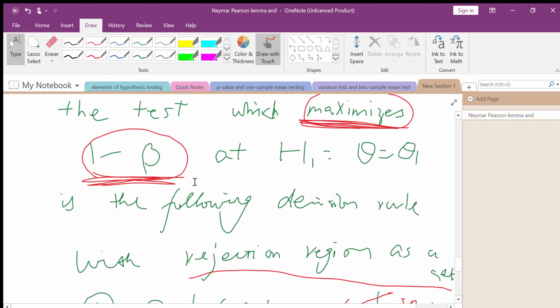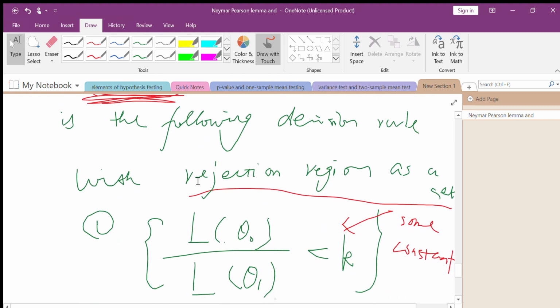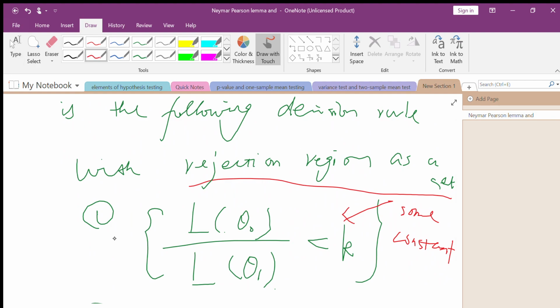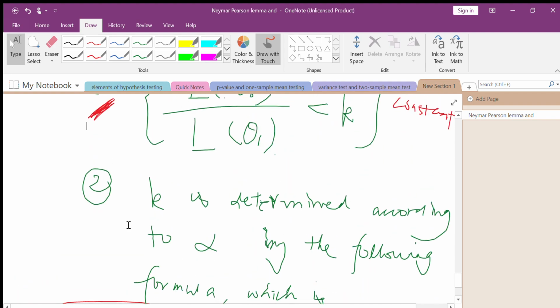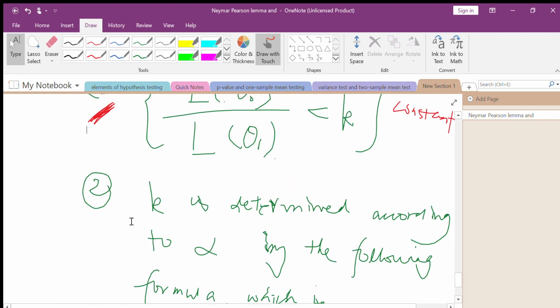So the key to remember the Neyman-Pearson lemma is it has two steps. First step, you write the rejection region in this representation, and then to complete the representation of the rejection region, you have to determine k, and k is determined through the second step.